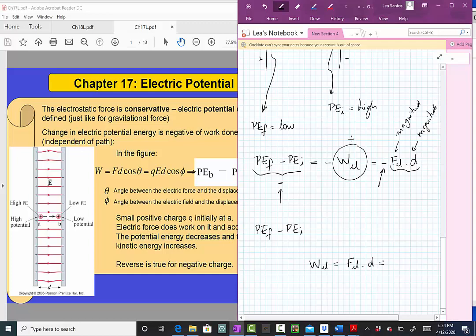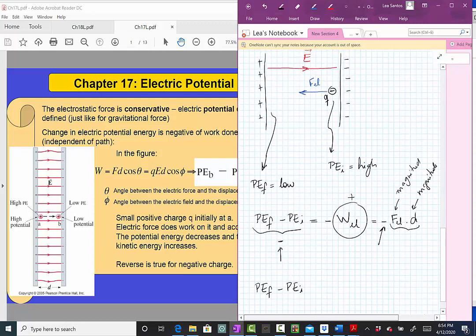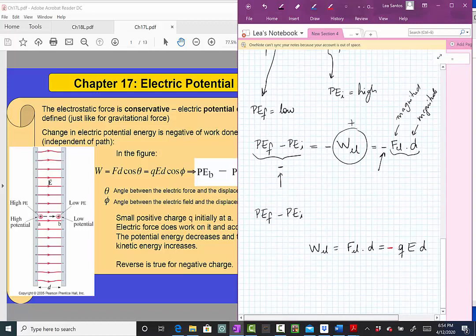If we want to write it in terms of the electric field, now we have to be careful because we are dealing with a negative charge. We have to put this minus sign here, and then the rest is the same, Q, E, D. And why is that? Because of what I said, the particle is moving in the opposite direction of the electric field. So we need to worry about this negative charge. But you see, this whole product here will still give us a positive number.